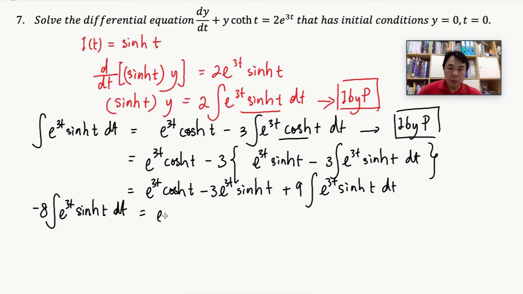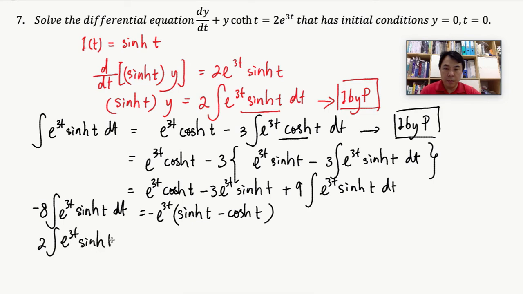That will be the same as e^3t, you can actually write as negative e^3t sinh t minus cosh t here. I just want to get rid of the negative. That's the reason why I keep it this way. Here I omit the c at this point. So therefore, I think if you are interested to get 2 times of this, maybe I'll keep the 2 there for ease of substitution in a while.